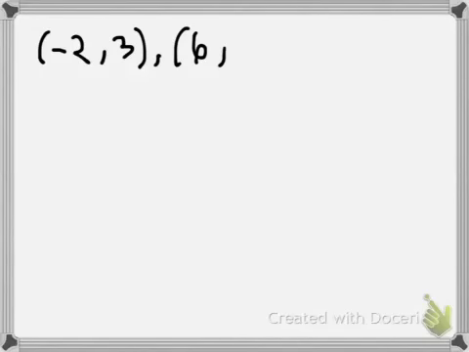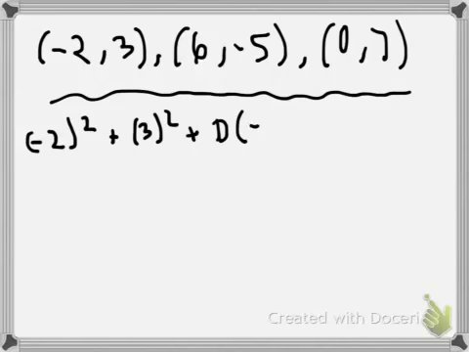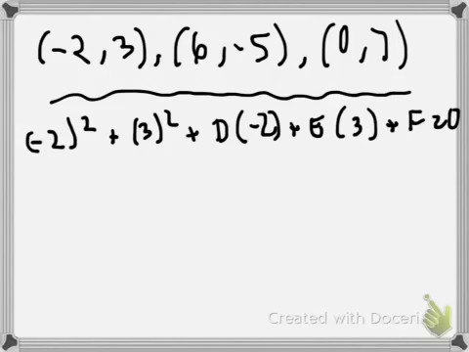If you know 3 points on the coordinate grid that the circle passes through, you can solve the equation. An example is a circle passes through the points -2, 3, 6, -5, and 0, 7. We can put these points into the equation to get -2 squared plus 3 squared plus d times -2 plus e times 3 plus f equals 0.